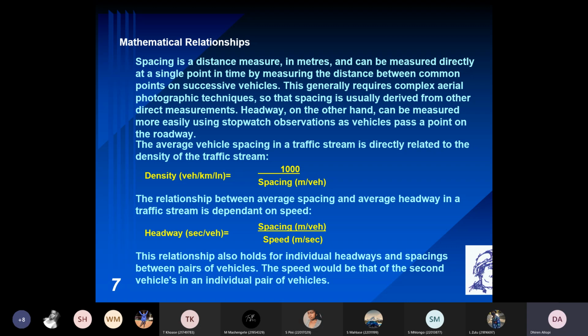Your spacing is in meters per vehicle, so if I have to convert meters to kilometers, because my density is in vehicles per kilometer, then simply 1,000 meters is equivalent to a kilometer. That will then give you density in vehicles per kilometer. So you can see the relationship between spacing and density.